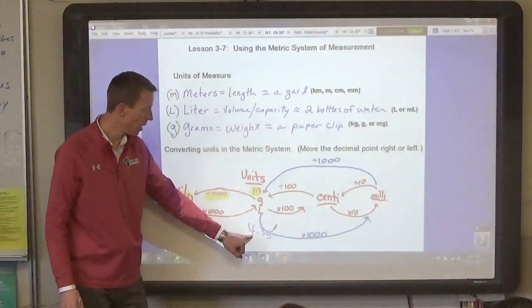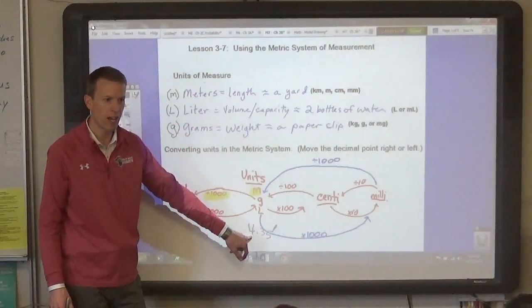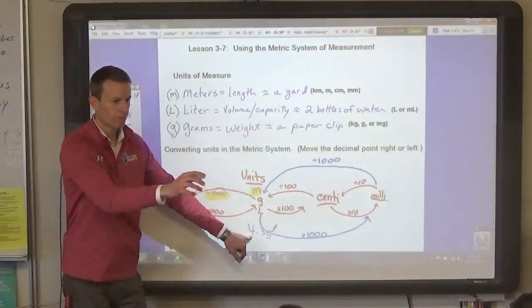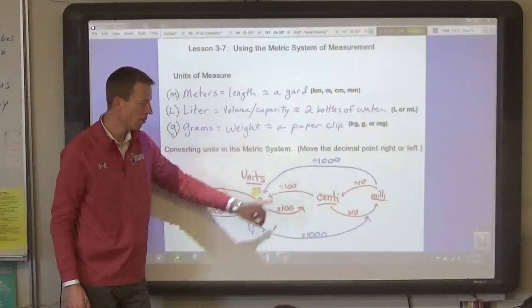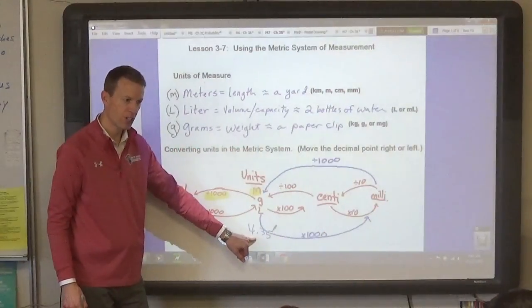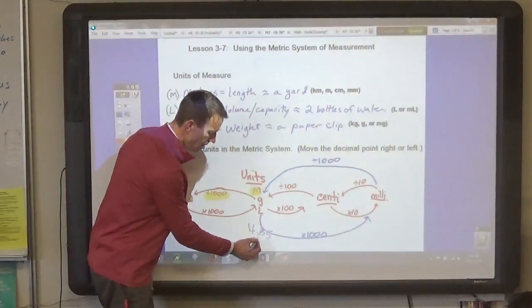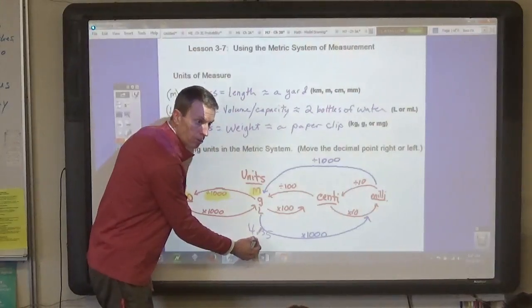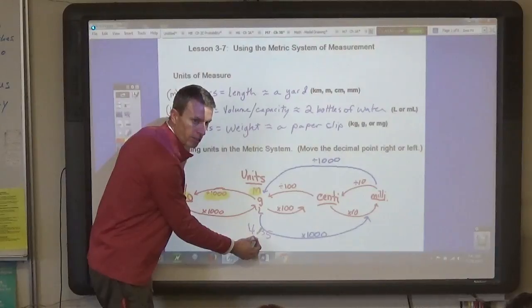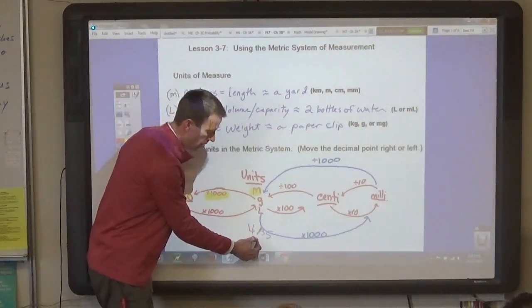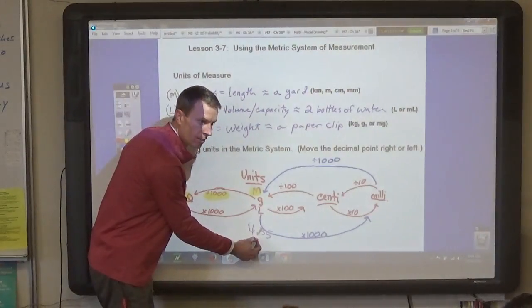Now, how do you multiply this number quickly by 1,000? Move the decimal point over. Which direction? To make the number bigger, we're going to multiply it by 1,000. So how would we move the decimal point to make it bigger? To the right.